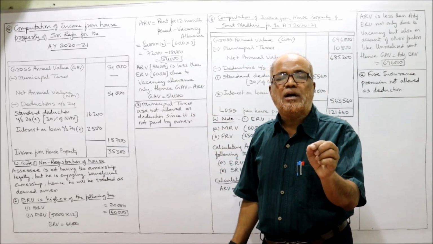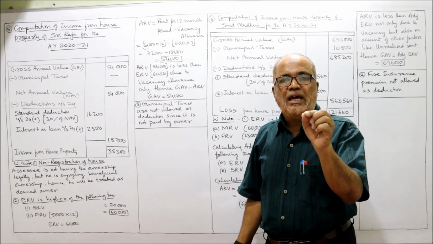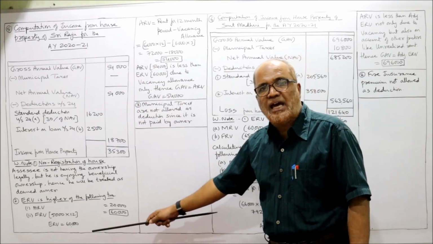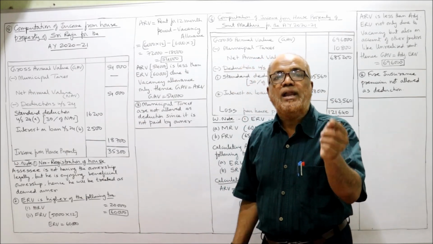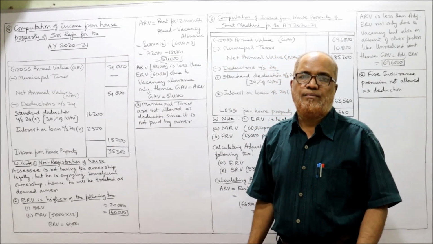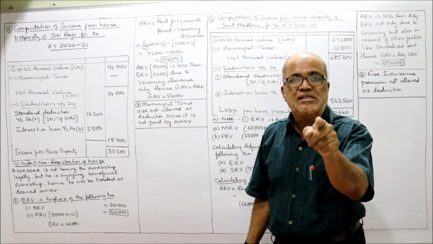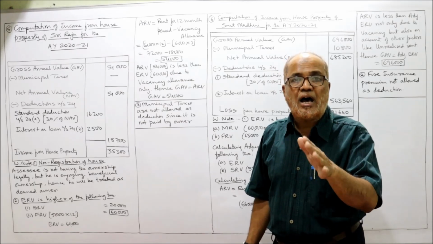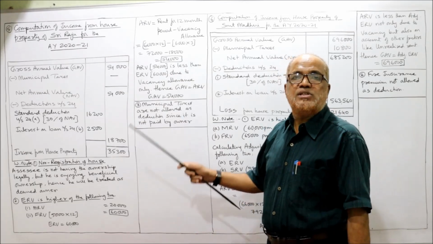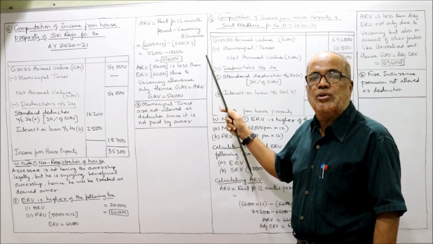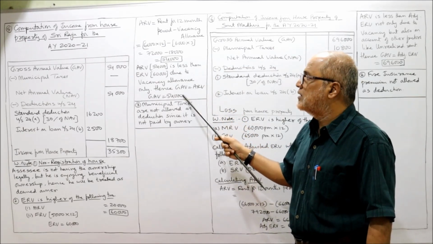So according to income tax provision, if ARV is less than ERV on account of vacancy allowance, then ARV is the GAV. How much is the ARV here? 54,000. So GAV is 54,000.